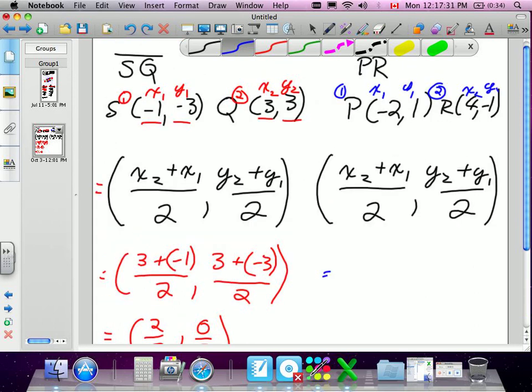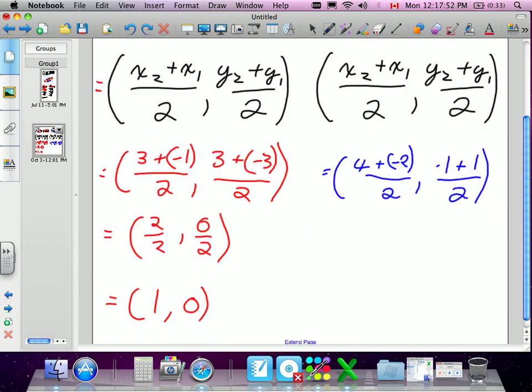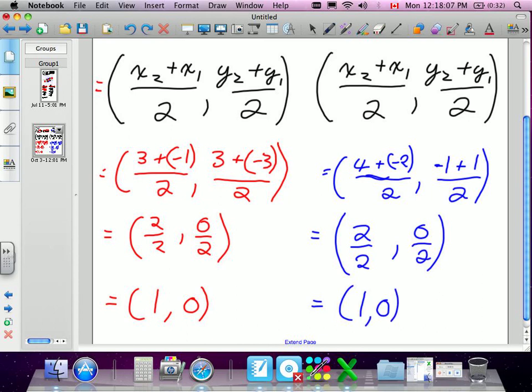We're going to plug in our formula. x2 is 4, and x1 is negative 2, so plus negative 2, divided by 2. y2 is negative 1, plus positive 1, divided by 2. We're going to equate this. 4 plus negative 2 is 2, divided by 2. Negative 1 plus 1 is 0, divided by 2. And lo and behold, our midpoints are at the exact same point. So this would be the verification that these two diagonals bisect each other.